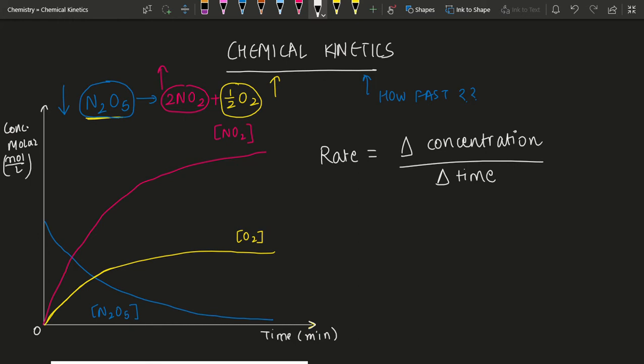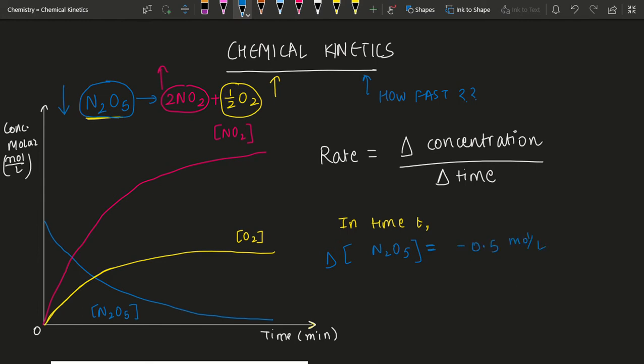Let's suppose that in time t, the change in the concentration of N2O5, delta N2O5, is equal to, let's say, negative 0.5 moles per liter.